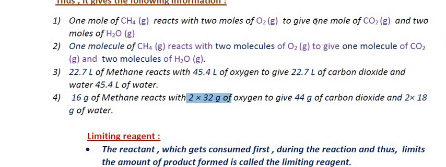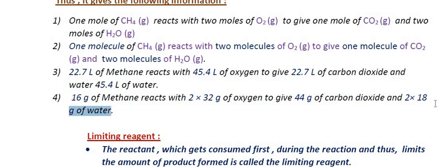Similarly, 1 mole of carbon dioxide is formed, and the molecular mass of carbon dioxide is 44, and when it is represented in gram, it becomes the molar mass. So it gives 44 gram of carbon dioxide and 2 into 18 gram of water. Why 2 into 18?